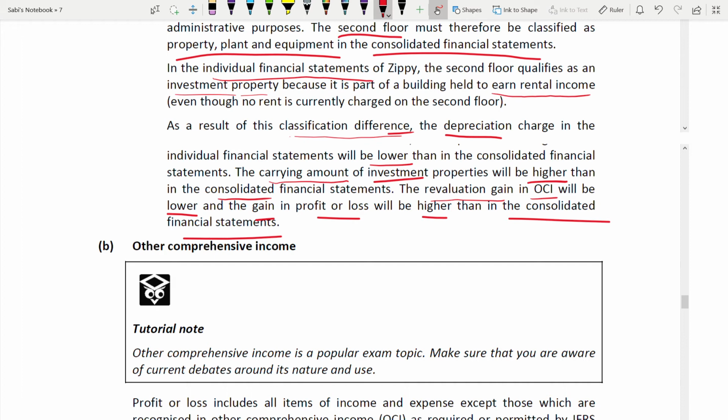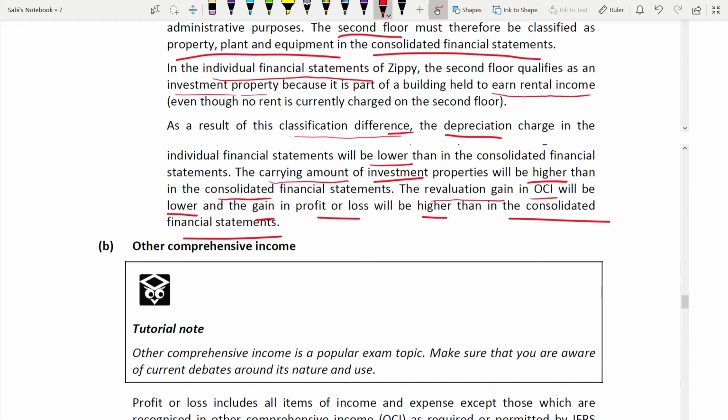We are only talking about the 2 floors, not those 8 floors, because in both places those are the same, investment in consolidated and in individual. The difference is only for those 2 floors. Separately, it is investment; in consolidated, it is PPE. So because of PPE depreciation, your profit reduces. Only the revaluation goes in OCI, but depreciation will go in the profit and loss account. It will reduce your profit in the consolidated statements. But in the individual statements, with investment income, the profit will be higher.